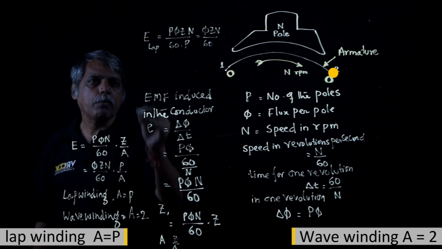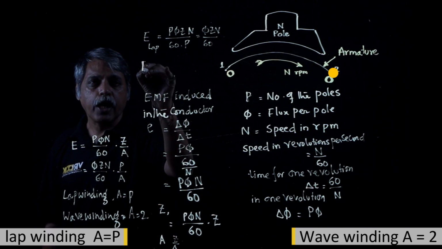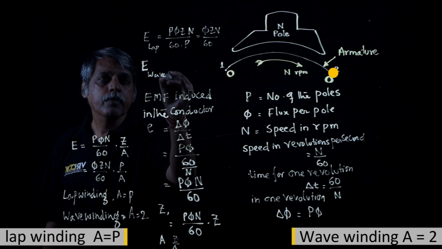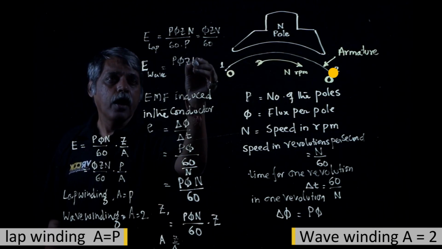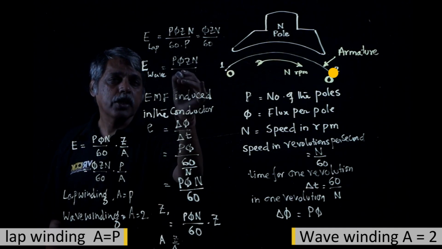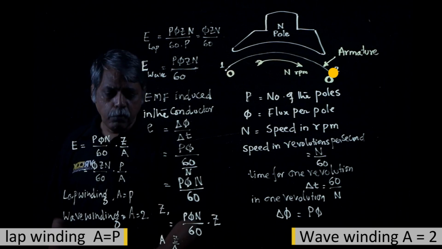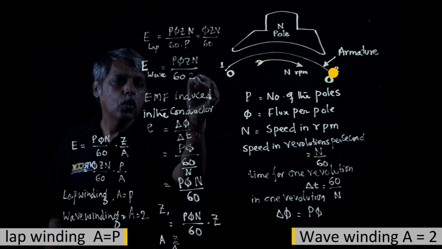If the same armature is connected in wave fashion, then the induced voltage for the wave winding will be P phi Z N upon 60 into 1 upon 2, since for the wave winding the number of parallel paths A is equal to 2.